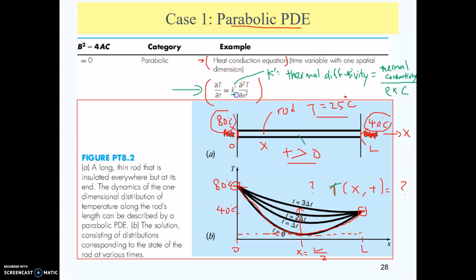For example, the K prime here means the thermal diffusivity, which can be found from the thermal conductivity divided by the density and the specific heat. If this rod is made of aluminium, then the thermal conductivity will be around 0.49. The density for the aluminium is around 2.7 and the specific heat is around 0.217.